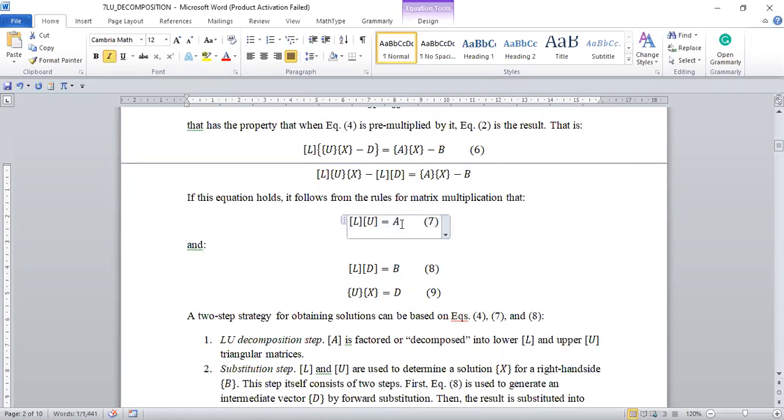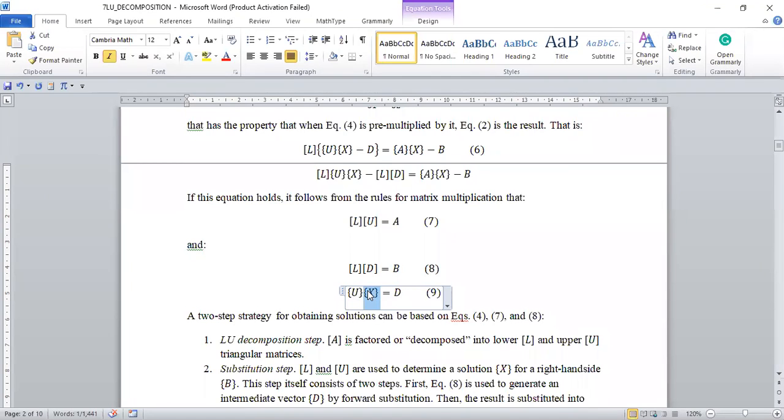So if you use the LU decomposition, since the A is constant, you already have your L and your U. All you just need is to do the forward substitution and backward substitution. You don't need to decompose it again, because for another value of B, since you've already decomposed A into L and U, all you need to do now is just solve for D here, because your B is changing, and after that you solve for your X.